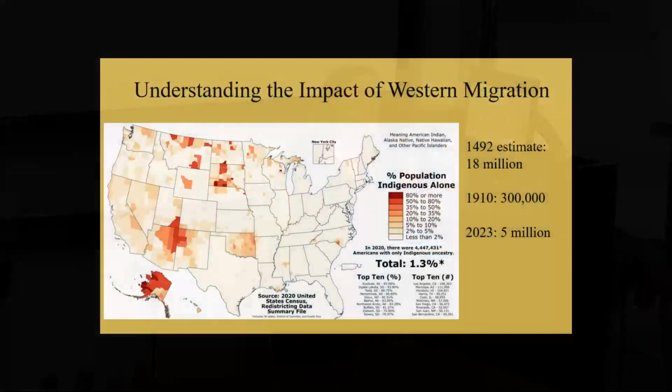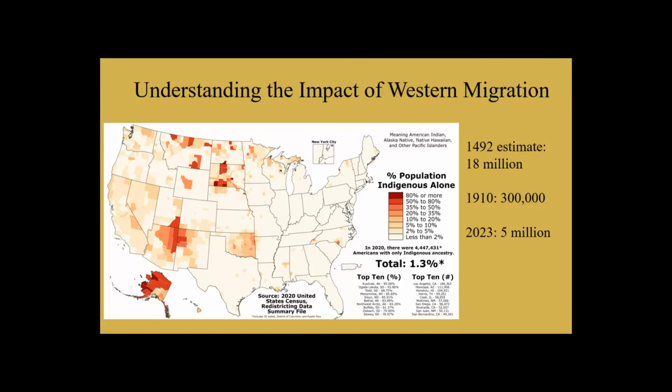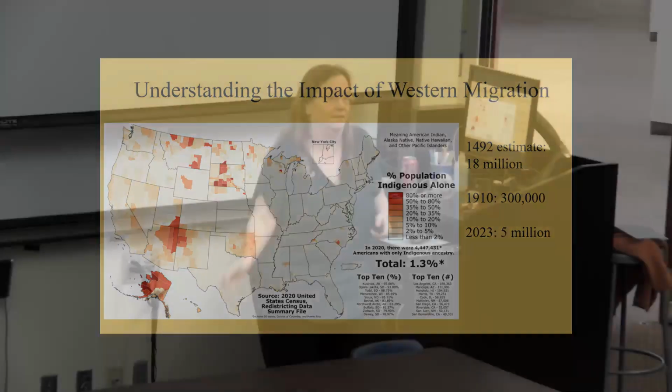In 2023, one of the best estimates out there is that people who have indigenous status in this country are at about 5 million. Obviously, that's nowhere near the 18 million that used to be, but it's important to me to talk about the fact that they are still here and that they are thriving and growing and adding to the culture that we call America.